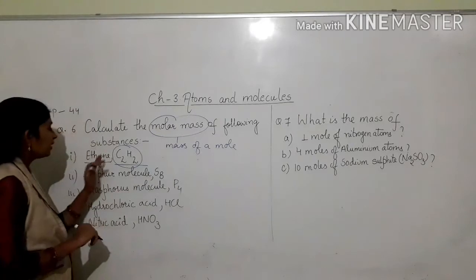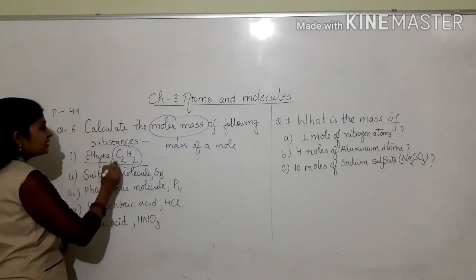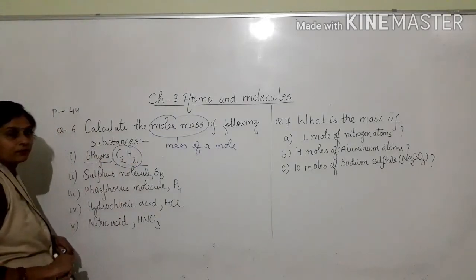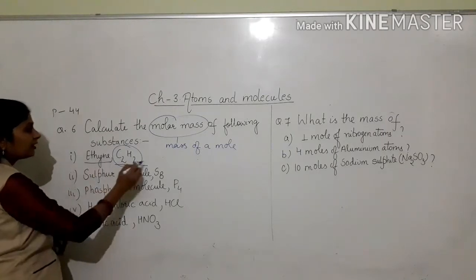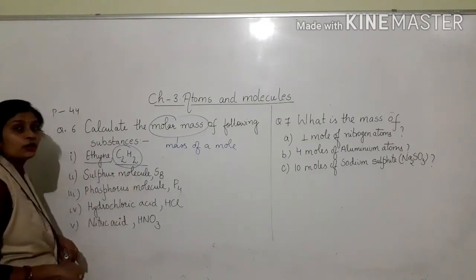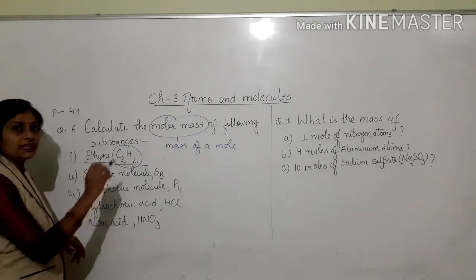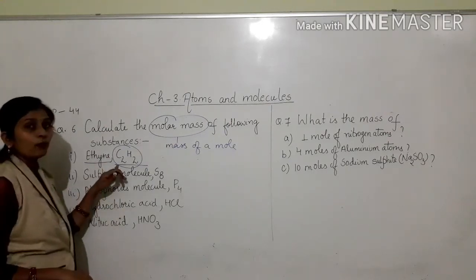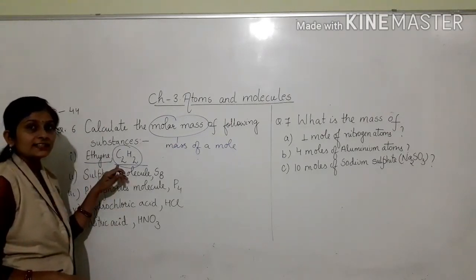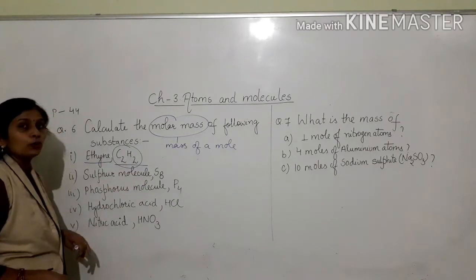Now, in the first part, ethine C2H2 is given. Ethine has the chemical formula C2H2. From the formula, you can understand that it is a molecule.